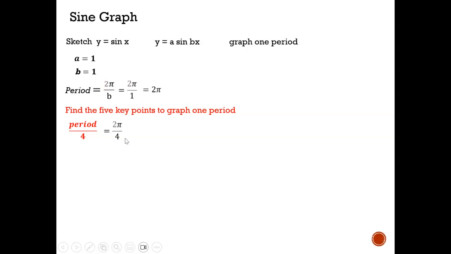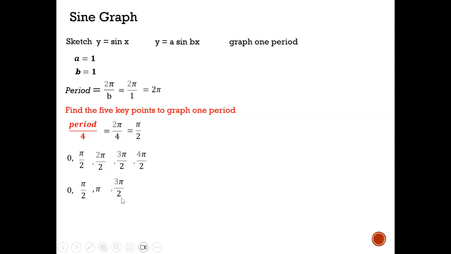So we have 2 pi over 4, which is pi over 2, which means we're going to be counting by pi over 2, starting with 0. So we get 0, pi over 2, 2 pi over 2, 3 pi over 2, and 4 pi over 2. Now let's go back and simplify each one of these terms. That'll be 0, which cannot be simplified. That'll be pi over 2. That'll be pi, because 2 pi over 2 just gives you pi.